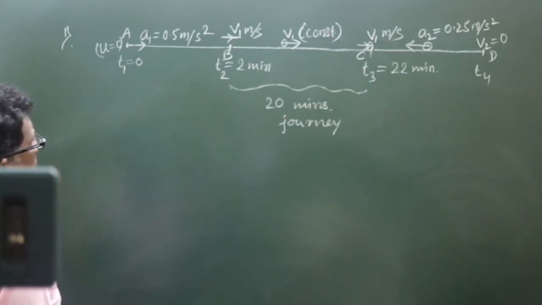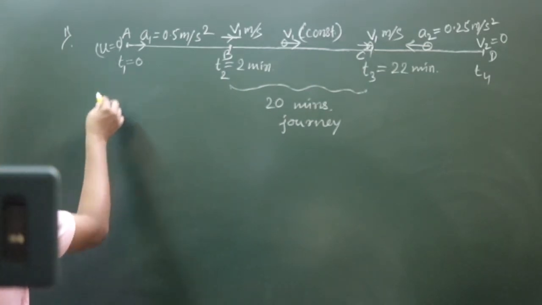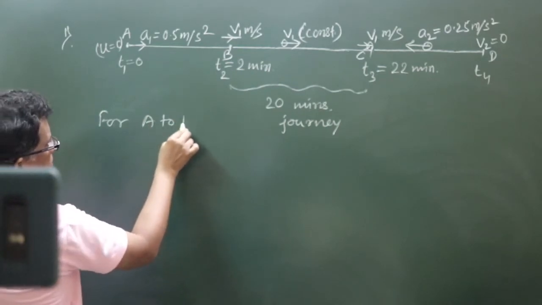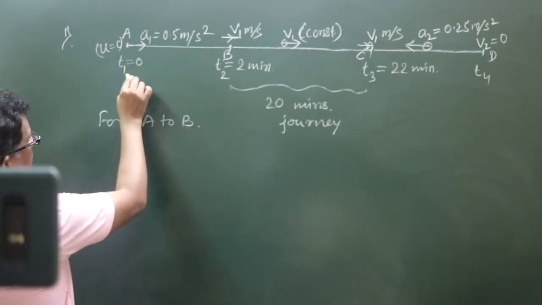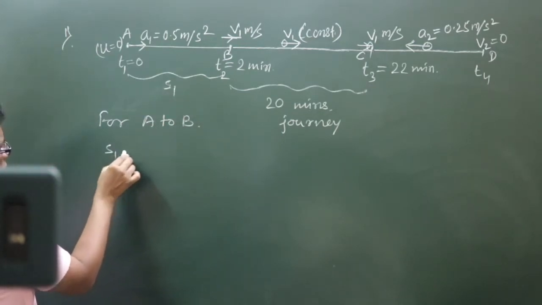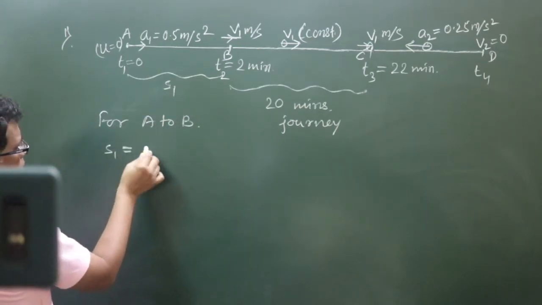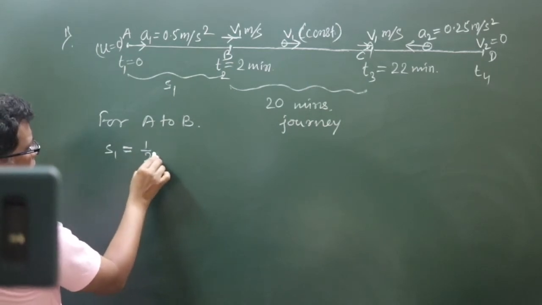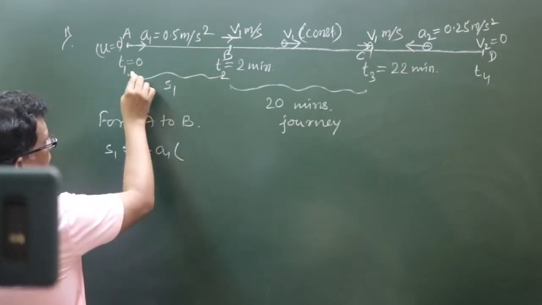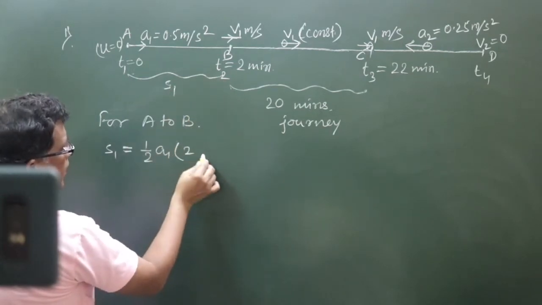So, this is all about the journey. For A to B, I can consider this part to be S1. I can calculate this S1 using half a1 into the time of the journey, which is 2 minutes.